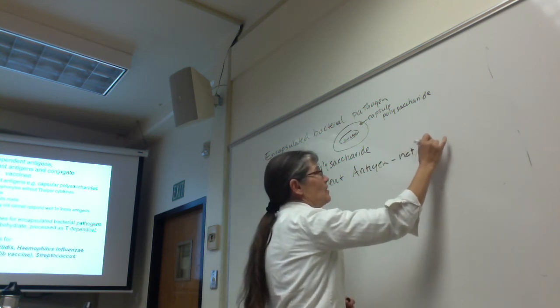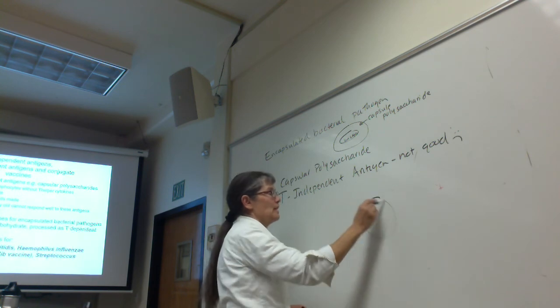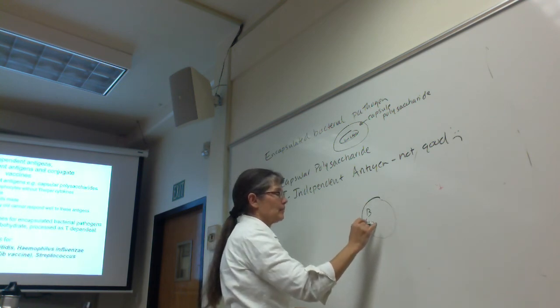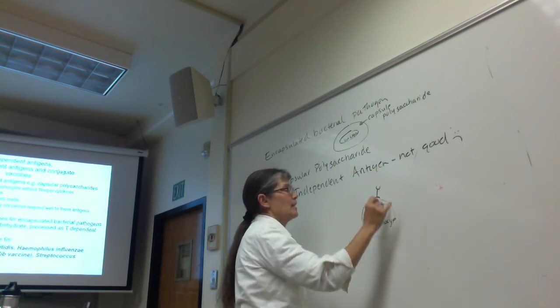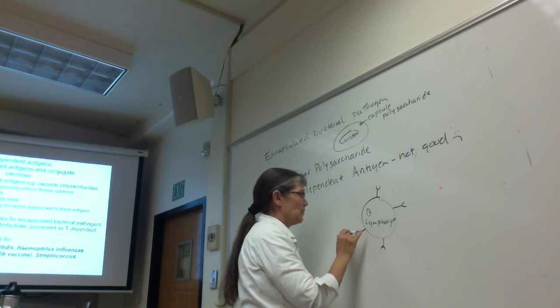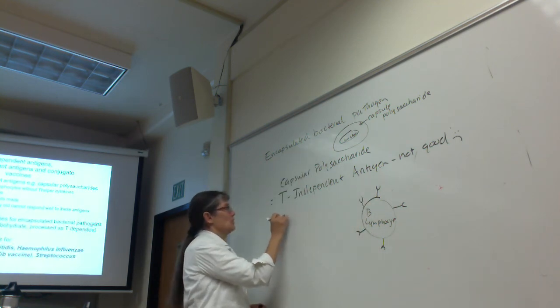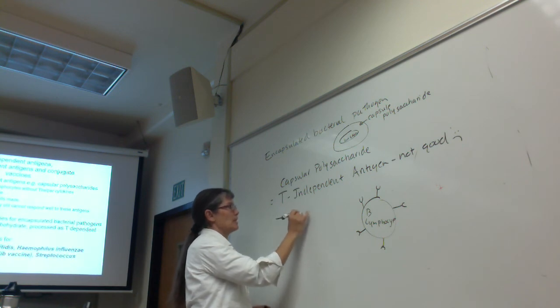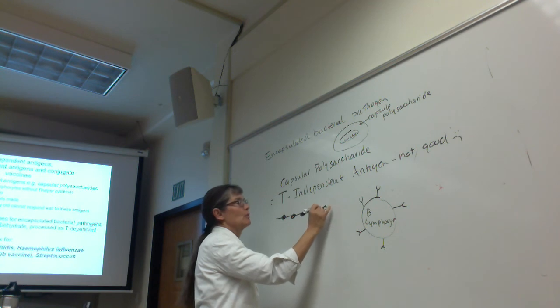And the reason is, say this is a B cell, a B lymphocyte, and let's say the B lymphocyte has surface receptors to bind to monosaccharides, okay? And this will be the cartoon, you guys, of our capsular polysaccharide. They're usually chains of the same sugar over and over and over again.